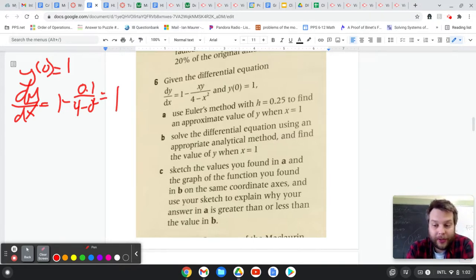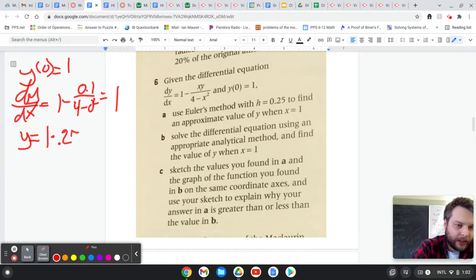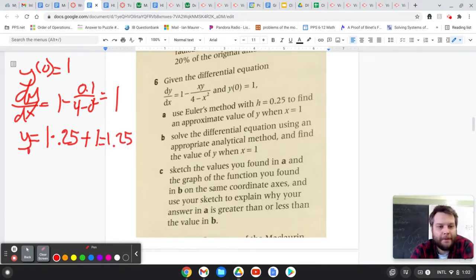So my initial slope is 1, and that means that my next y value is obtained by doing my slope of 1 times my h value of 0.25 plus my initial value of 1. And so I guess that means that I have 1.25. So this was the first estimate, so I'll call it y1.